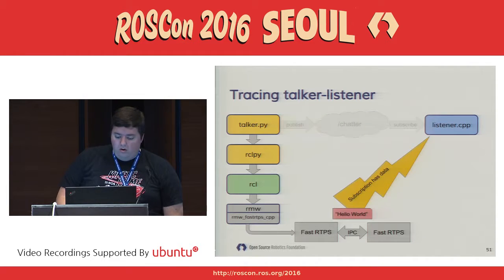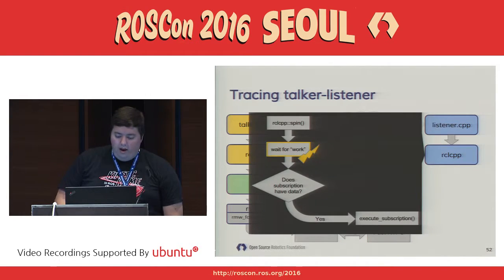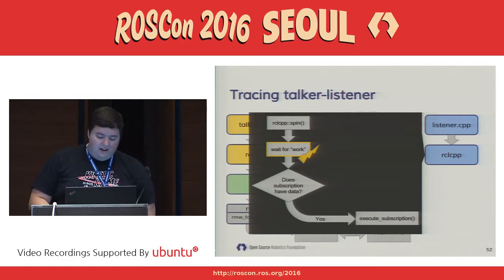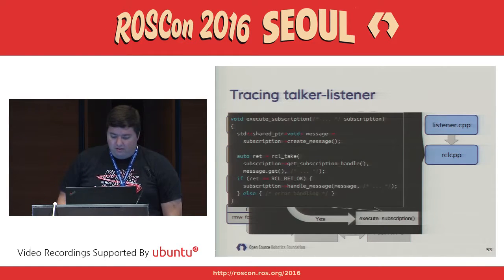Once we got our message from the publisher into the middleware, there's an event that wakes up that waiting. Now our spin function knows that data has been delivered, and it needs to get that data out of the middleware and give it to the user's callback. So it checks to make sure that the subscription has data. If it does, it calls this execute subscription function.